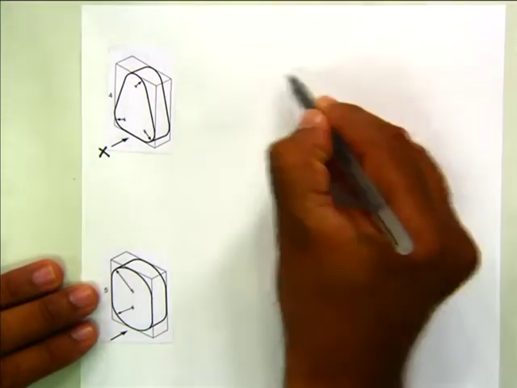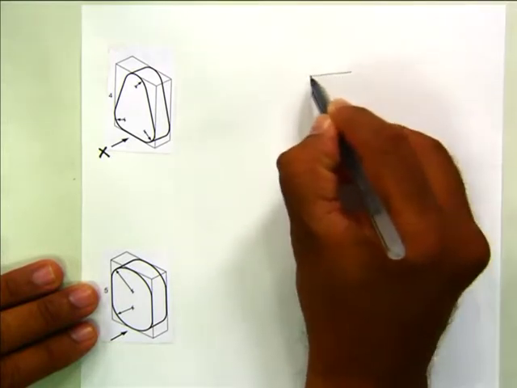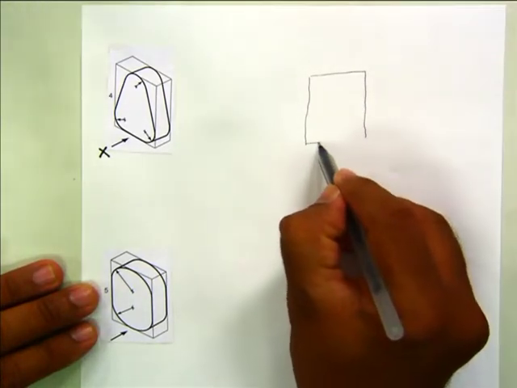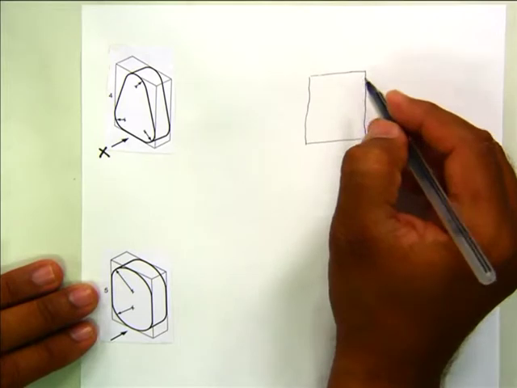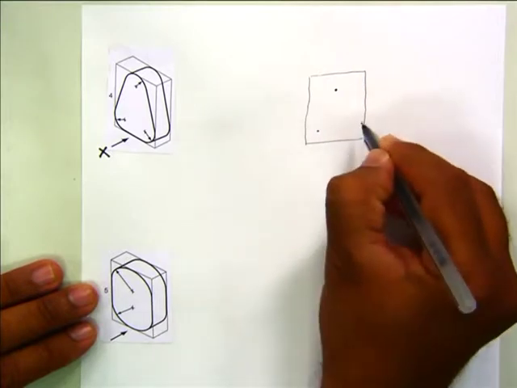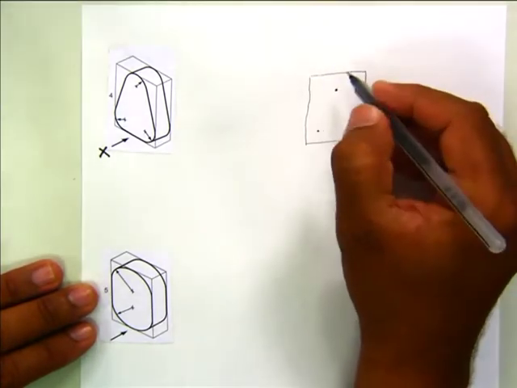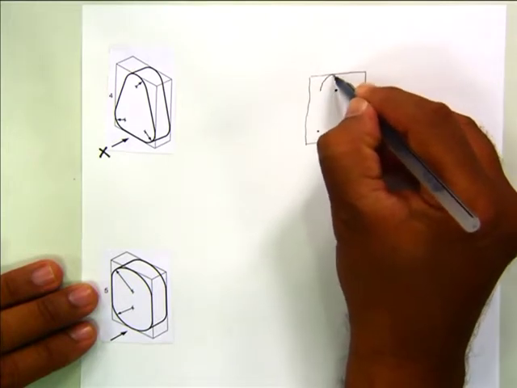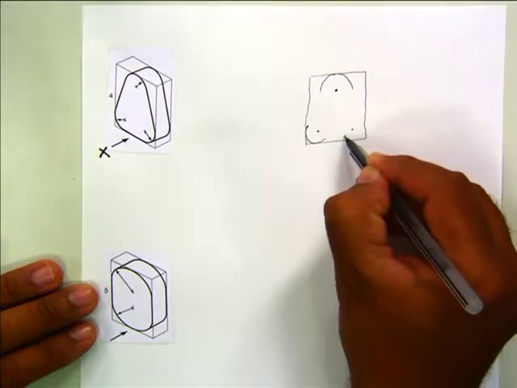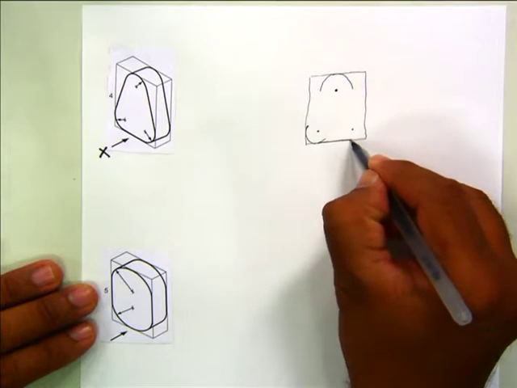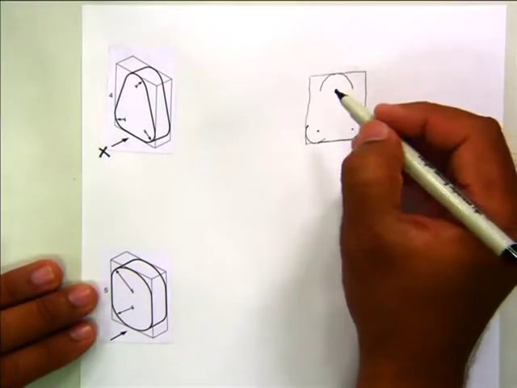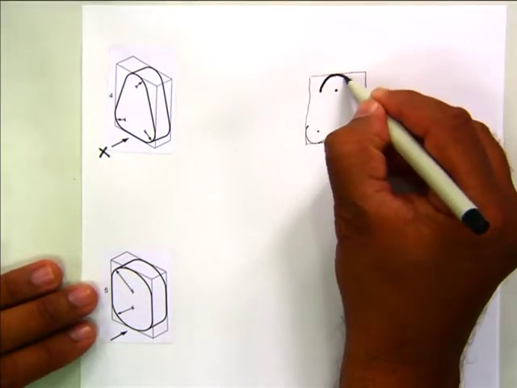How to draw? These are the centers from where you can draw the arc. So the figure comes like this.